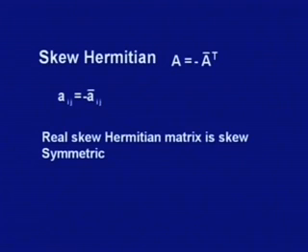So, if this property is satisfied, then we say the matrix is a skew Hermitian matrix. Now, this is the result which can be said about real matrices: a real skew Hermitian matrix is skew symmetric, because for a real matrix, A bar transpose is equal to A transpose, and that gives us a skew symmetric matrix.